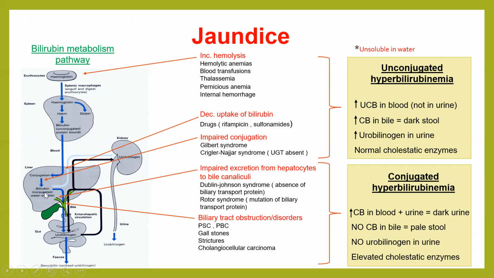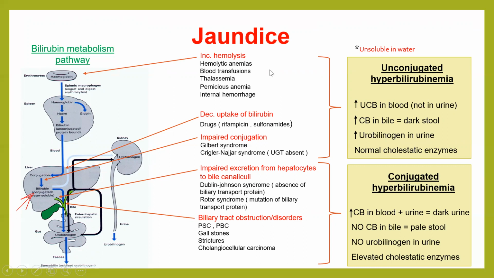So bilirubin is conjugated at this point and then released into the bile, where it then goes to the intestines, and in the intestines it's converted into urobilinogen. Now, urobilinogen can either get converted into stercobilin and get excreted into the stool, or it can re-enter the bloodstream and go all the way to the kidneys to be excreted into the urine.